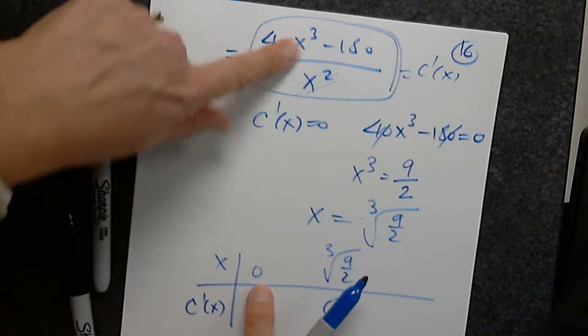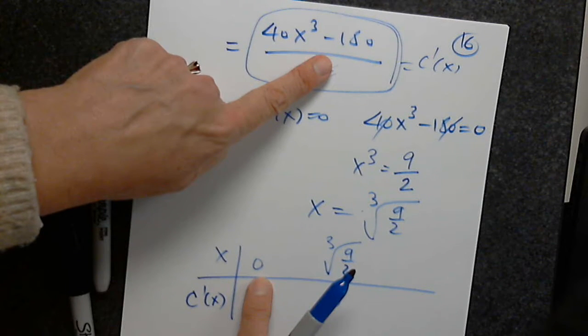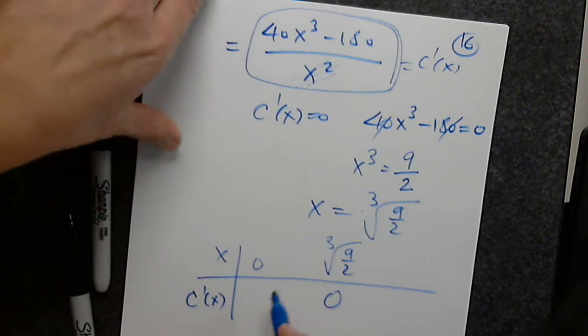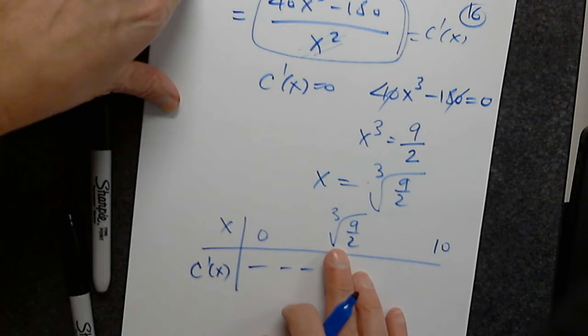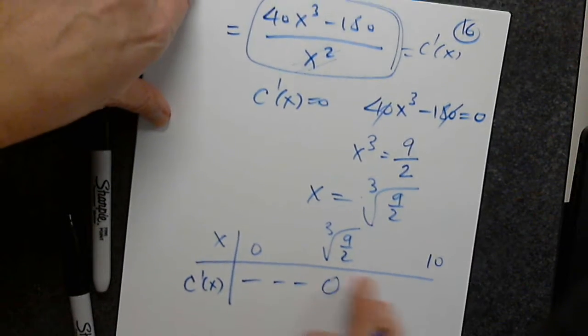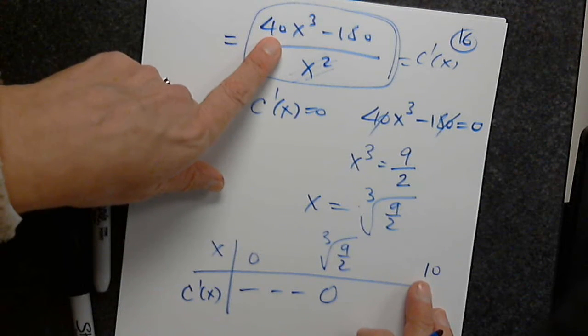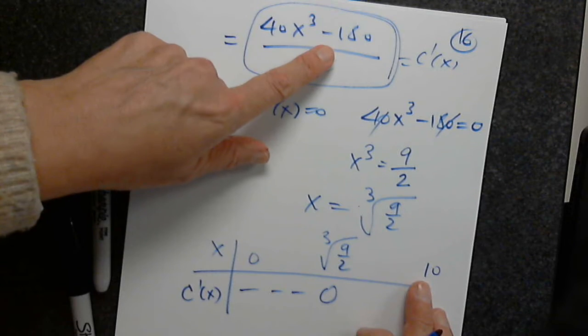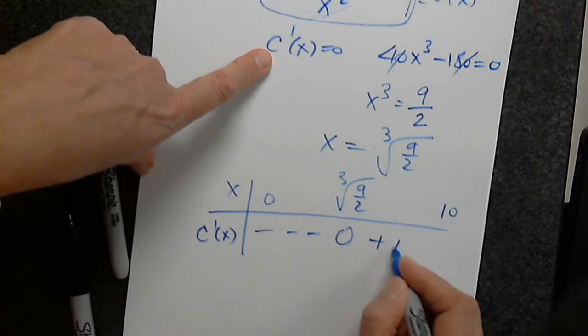I plug in 0. What is the sign when I plug in 0? Very good. What is the sign when I plug in 10? Well, 10 is much bigger than the cube root of 9 over 2. So when I plug in 10, I get 40,000 minus 180. So this will be definitely positive.